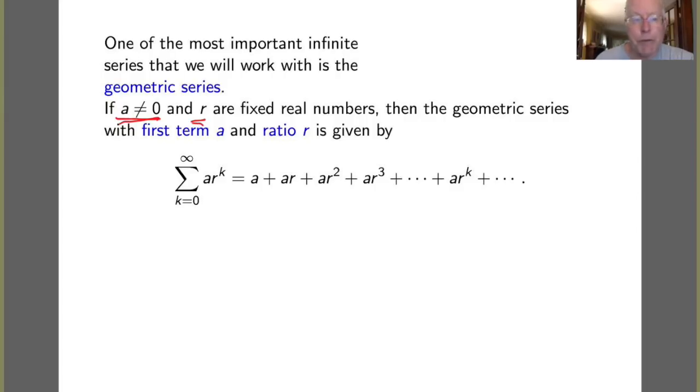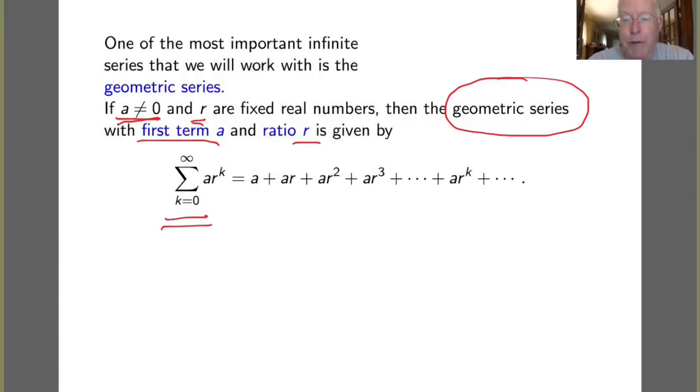The geometric series with first term a and ratio r is defined to be summation k equals 0 to infinity of a times r to the k. And this just writes out to a plus ar plus ar squared plus ar cubed, etc. So this is called a geometric series. Learn this form. You're going to see them a lot, and it's important you be able to identify geometric series in the various forms they might appear.